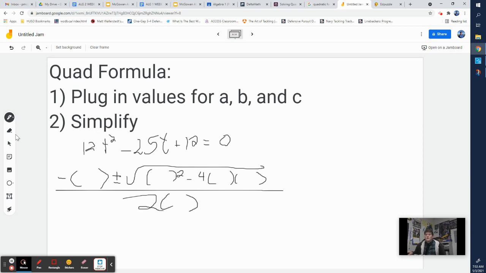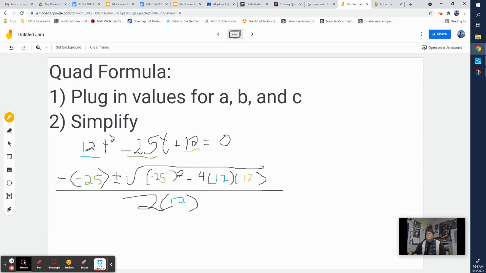Let's plug in our values here. There's my A value, 12, so let's plug in our 12s. Let's plug in our B value, which is negative 25. Oh, that's a nice double negative there. And then let's plug in our C value, which is the positive 12 yet again.